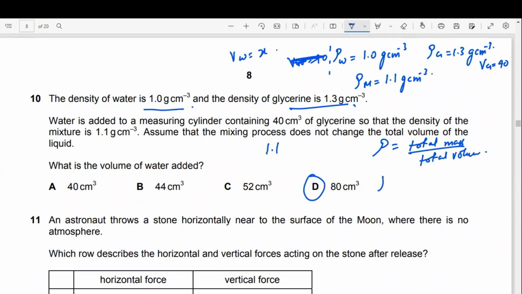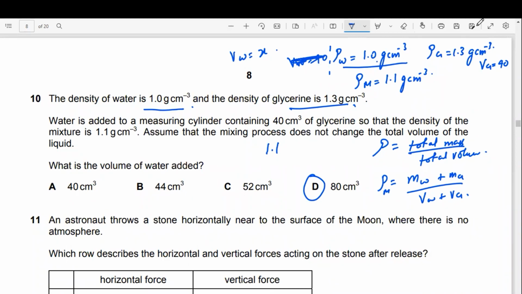आपके पास जो टोटल मास है यहाँ पे that is density into volume, right? Total density is given by mass of water plus mass of glycerine over volume of water plus volume of glycerine.